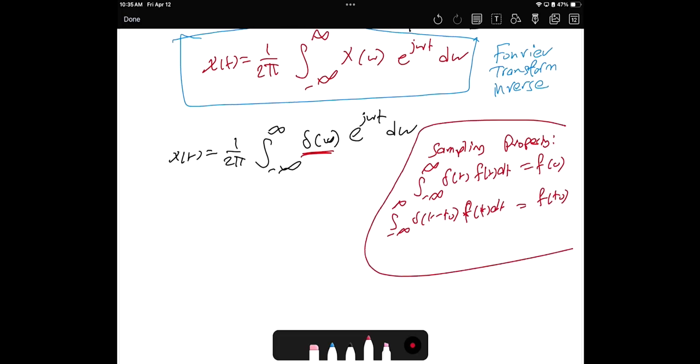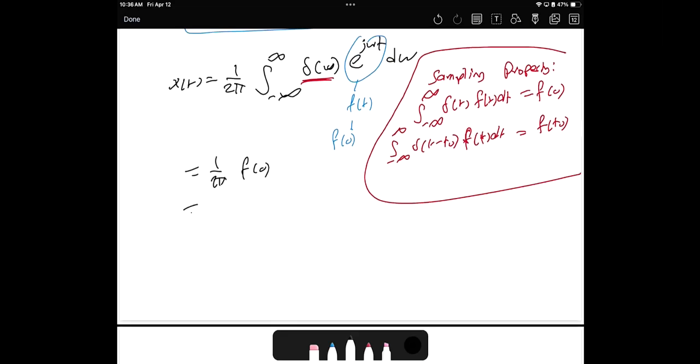Now we apply it here. So it will be 1 over 2 pi times f(0), in other words substitute t equals 0: e to the power j omega t when t equals 0, e to the power 0 is 1, so it will be 1 over 2 pi.